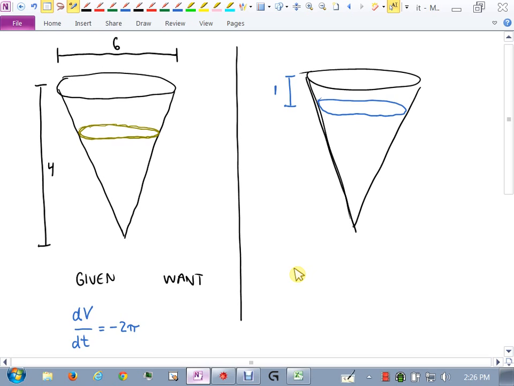Where's the water level? Isn't it this edge right here, straight across? Isn't that how high it is? So what if I label it like this, from here to here, like that.